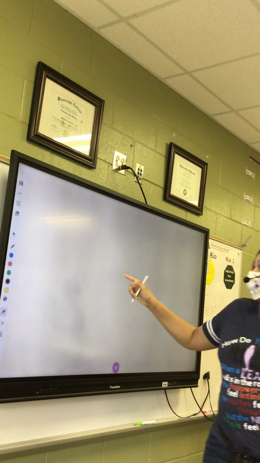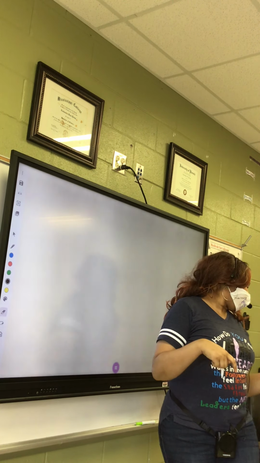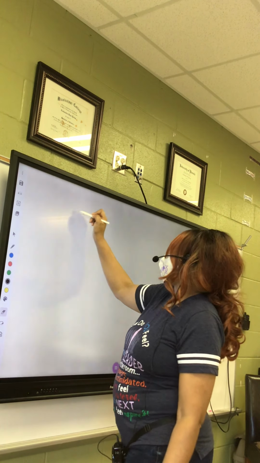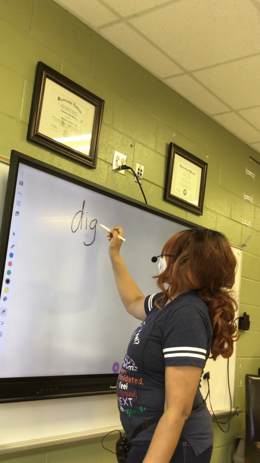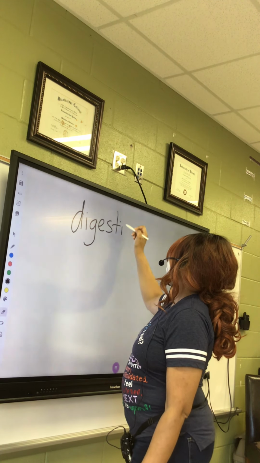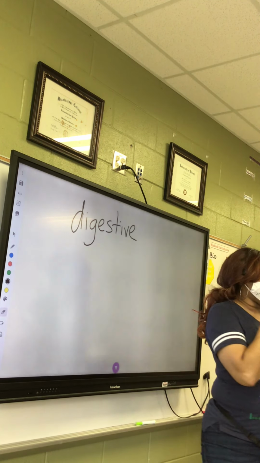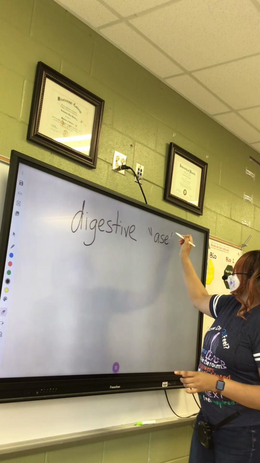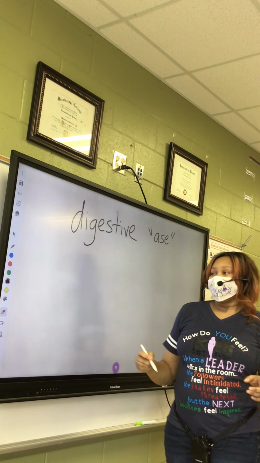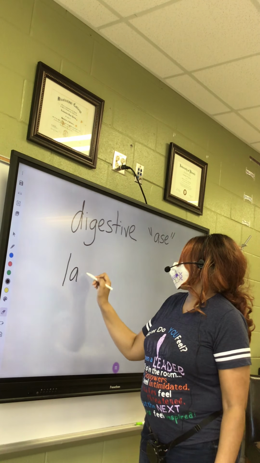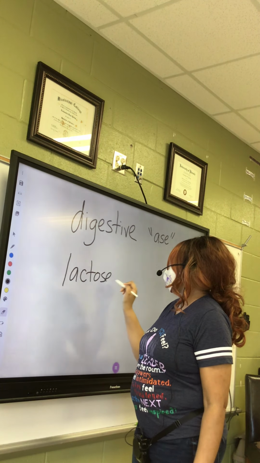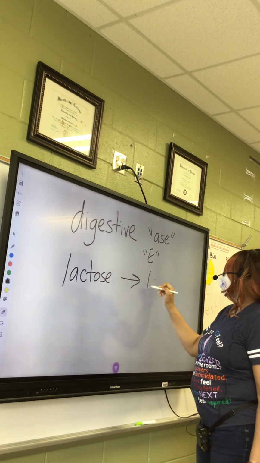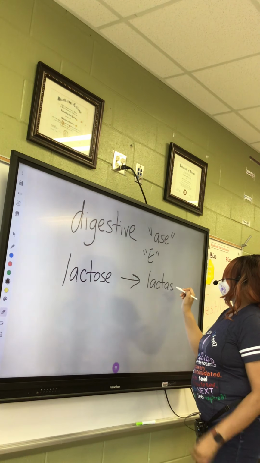Okay? Now, one last thing before I go to my seat. So, we talked about the digestive enzymes specifically, okay? Most digestive enzymes are going to end with ACE, okay? So, if I have lactose, which is milk sugar, the enzyme that is going to break it down is called lactase.